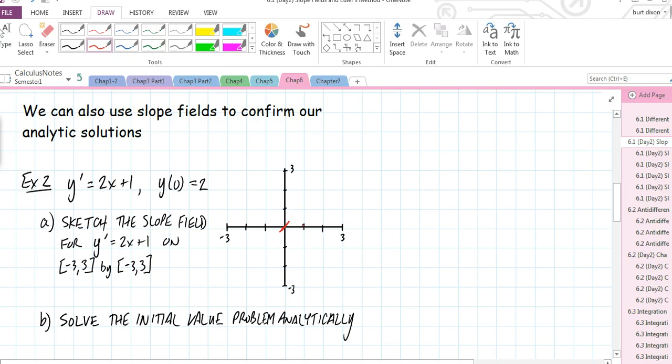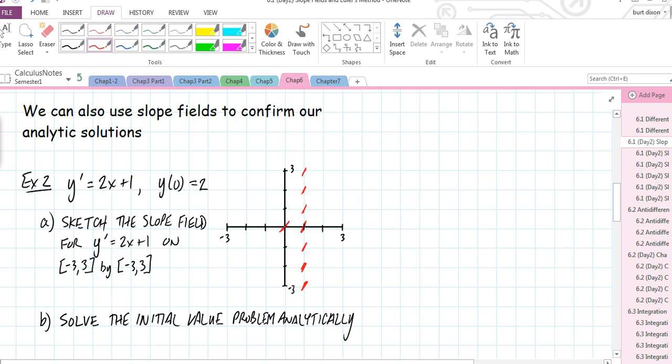If I'm at an x value of 1, my slope is going to be 3. And not only is it 3 there, but at any point that has an x coordinate of 1, the slope is going to be 3. So I can continue moving up and down. And this will be true anytime you have a differential equation that is only in terms of x. You're going to have the same slope moving up and down because your x value is not changing.